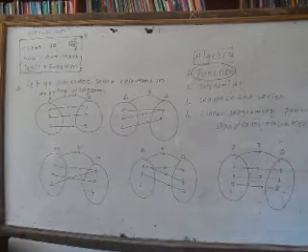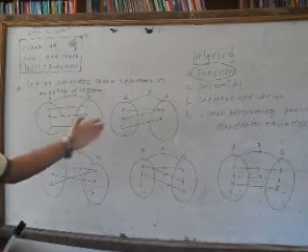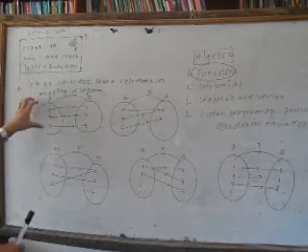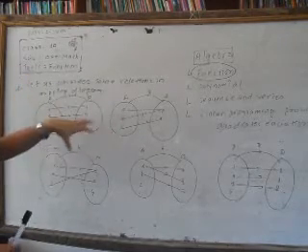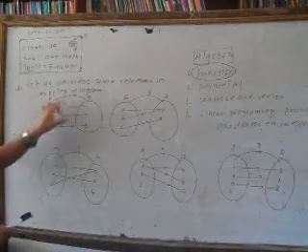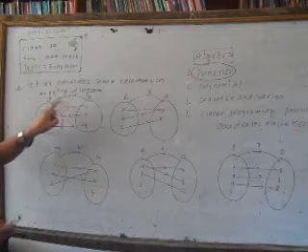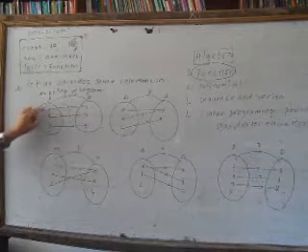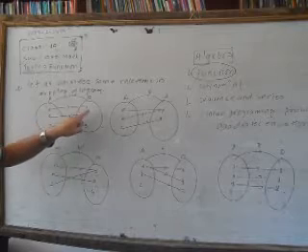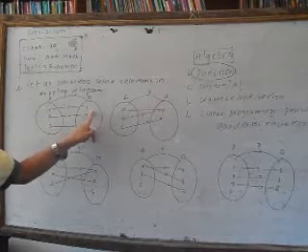Now I have drawn the mapping diagrams and I am going to describe each one. Now listen carefully. In this mapping diagram, each element of the first set maps with a unique element of the second set.